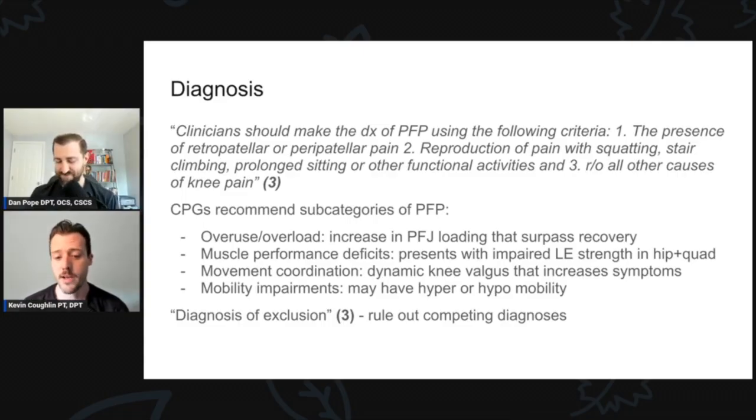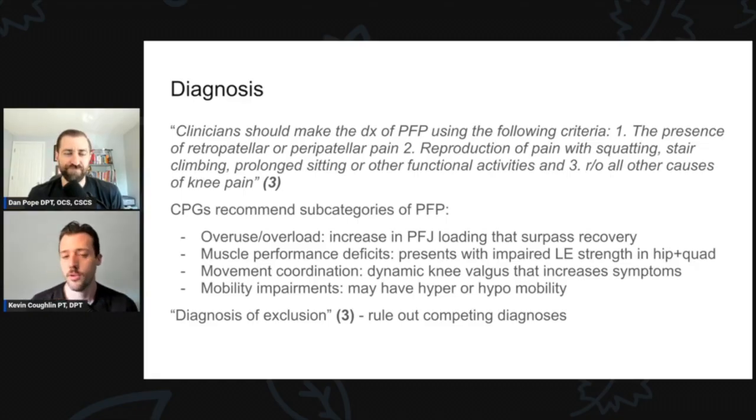And then mobility impairments. So maybe the patellofemoral joint itself has kind of poor joint play after surgery, or they're just older, maybe like Dan said, some signs of arthritis. We want to maybe work on their patellofemoral joint mobility, and also just assessing the quads and the hamstrings for what the mobility looks like there, the rest of the kinetic chain.